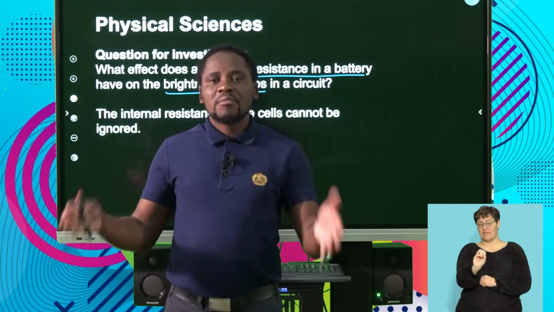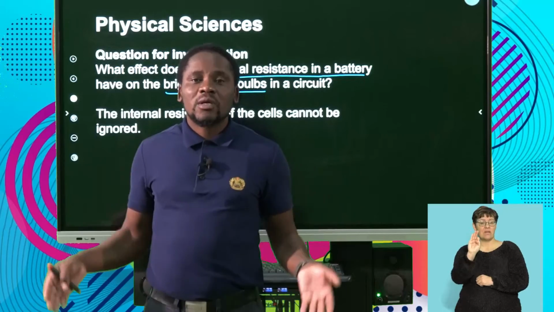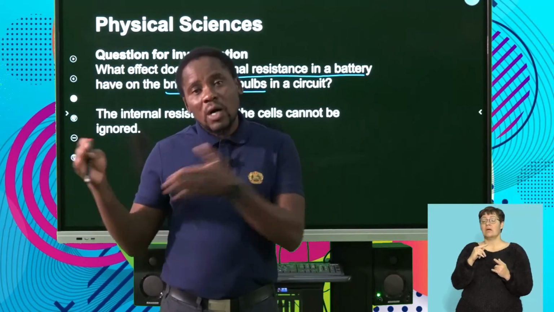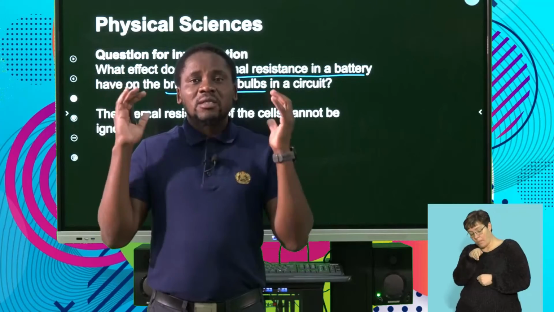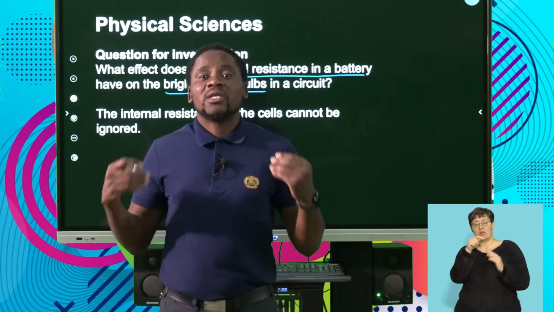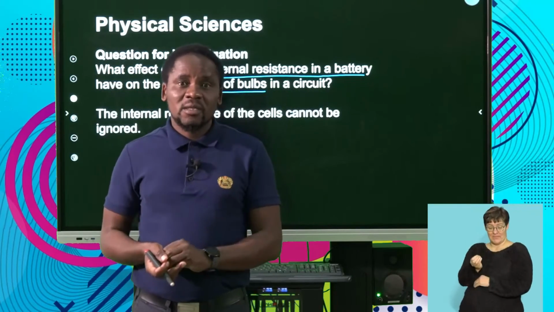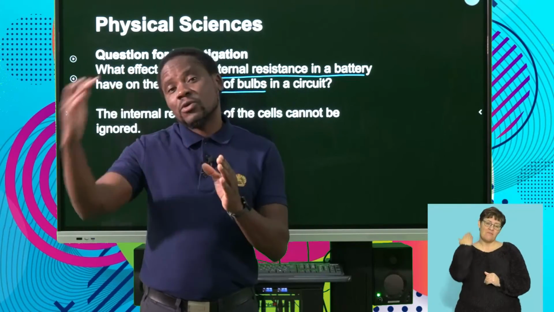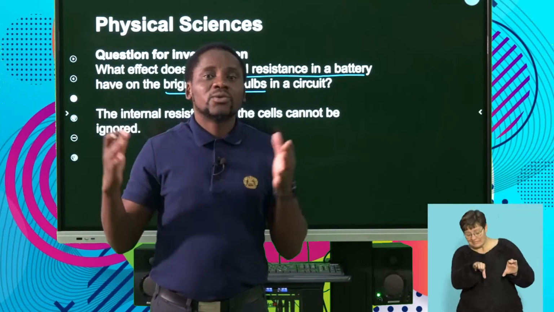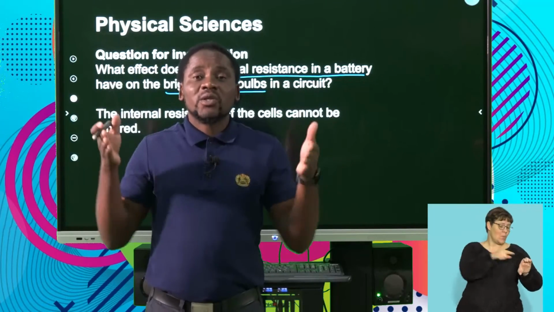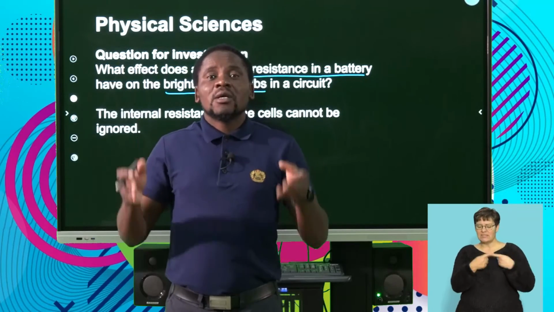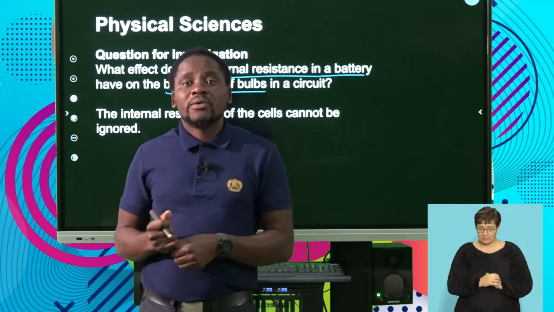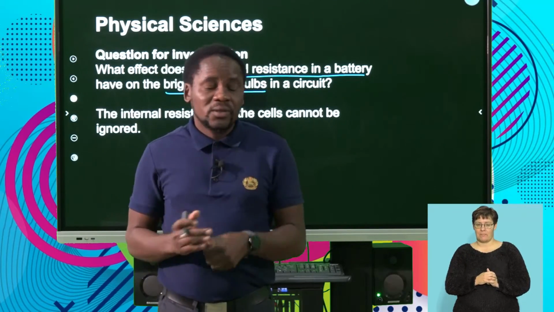However, the EMF is not going to be equal to the terminal potential difference. Why? Because within that battery there are some lost volts due to the internal resistance of that battery. So this is different from our earlier discussion, where we ignored the effect of internal resistance of a battery. In this case, we do take into account the internal resistance of the source.